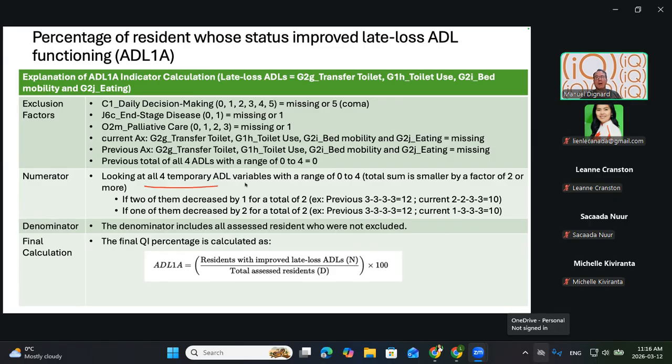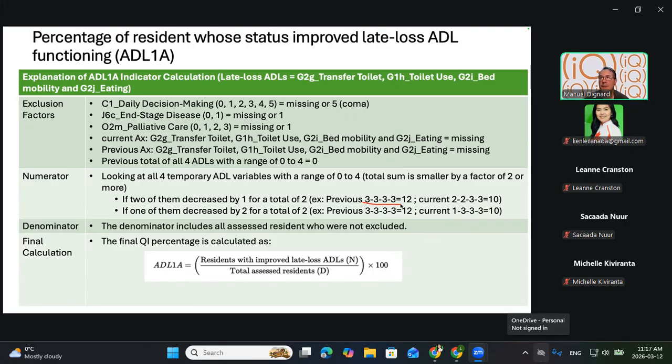Now we're looking at all 4 temporary variables, so all 4, right? Transfer, toilet use, bed, and eating. There's 2 scenarios, okay? Both of them are listed here. If 2 items decrease by 1, so for a total of 2, or if one of them decreases by 2 for a total of 2. So we're looking for a difference of 2. So these are examples.